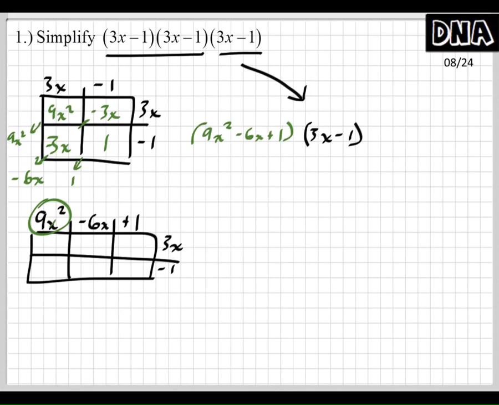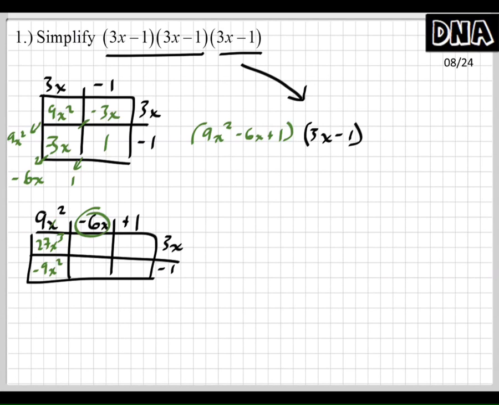What is 9x squared times 3x? Yeah, 27x to the what? Yeah, x cubed. Next is 9x squared times negative 1, which gives us what, Brandon? Negative 9x squared. Yup, negative 9x squared.